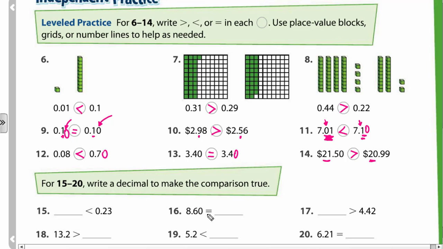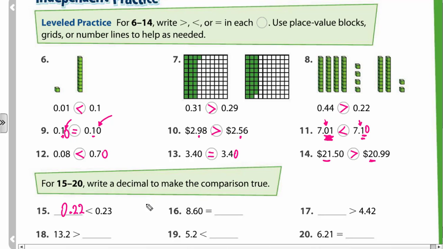What is less than 0.23? 0.22. Great. Of course, 0.22 is correct, and 0.21, 0.2 or 0.20, 0.18.